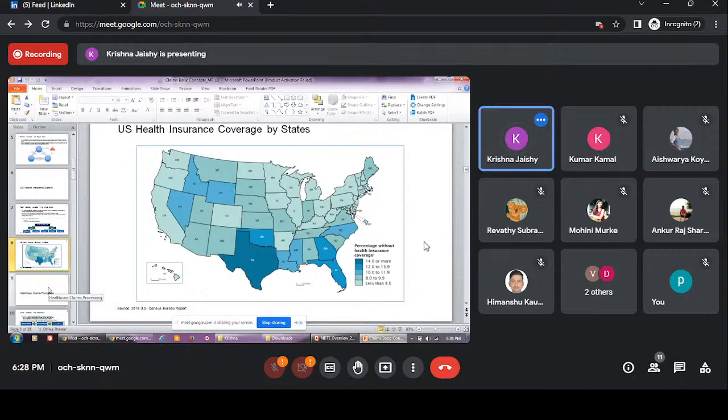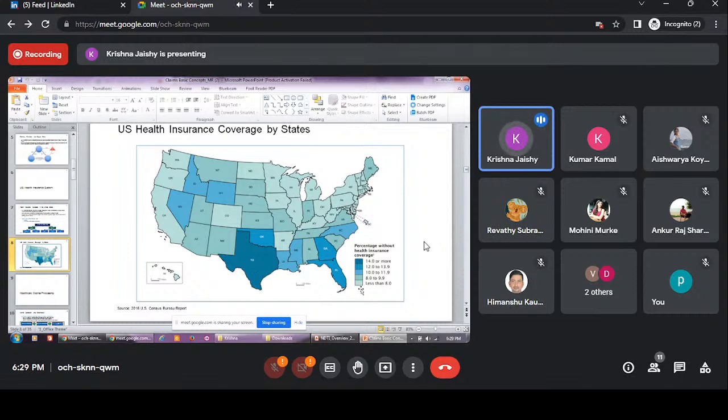Okay, so this is the map of the coverage, actually this is a heat map. It is showing which of the states in the US have low coverage, or I mean, sorry, the percentage of people who don't have any coverage, right? So you can see that 14% or more is the highest, in this Texas state, where more than 14% of people don't have a health insurance, right?